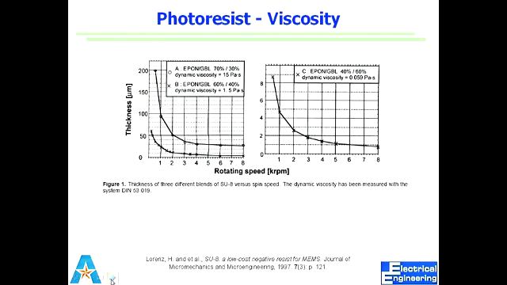In this case as well, this is now 40, 60, so it's even less viscosity there. So viscosity is going down, so overall thickness is also going down, right? So this is data from a paper, low cost negative resist, SU8. I guess this is one of the early papers on SU8.